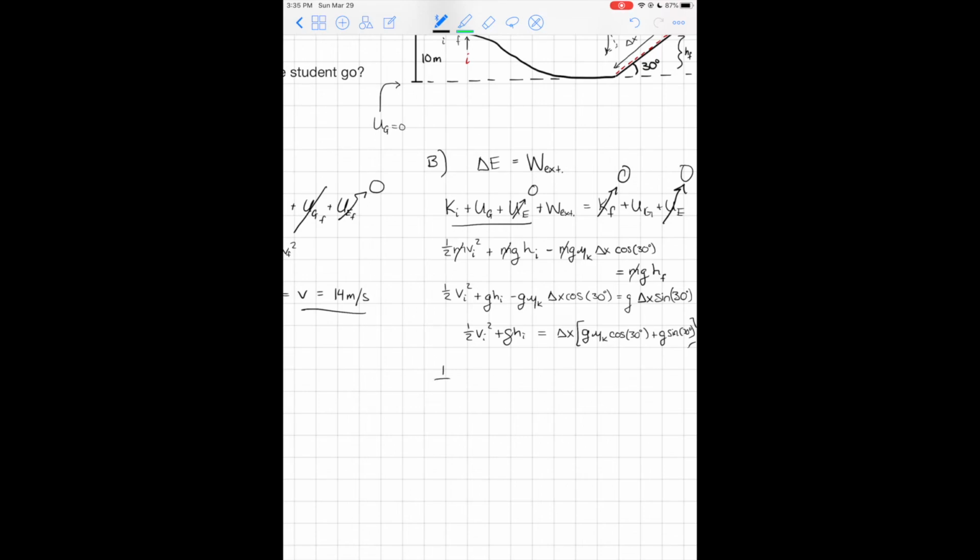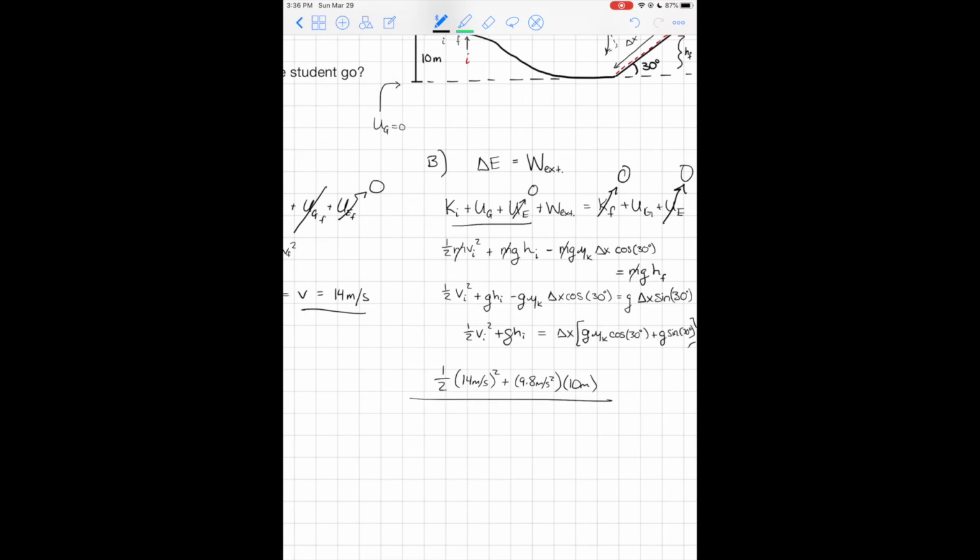I'm left with 1/2. Let's start plugging some numbers in. 14 meters per second, quantity squared, plus 9.8 meters per second squared, times h_i, which we said was 10 meters to begin with, all over.